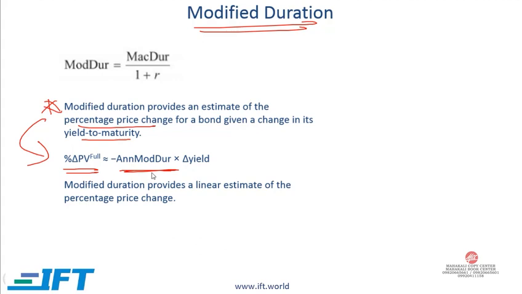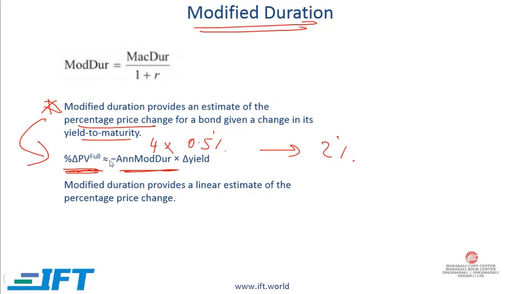Let's say that the modified duration of a bond is 4 and the yield changes by 0.5%. Then what is the percentage change in the value of the bond? That is going to be 2%, and we can see that over here. 4 multiplied by 0.5% is 2%. So the percentage change is 2%.